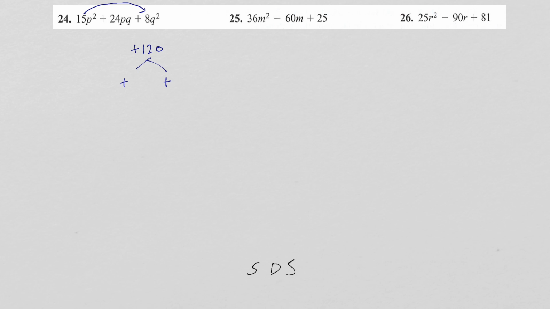Let's see. How about, so in other words, I'm not going to think of things like 60 and 2 because 60 is too big, or 30 and 4 because 30 is too big. How about 20? 20 and 6 is a reasonable thought, but it's not going to work because that adds up to 26. So let's see if this is divisible by 18. 240 divided by 18.